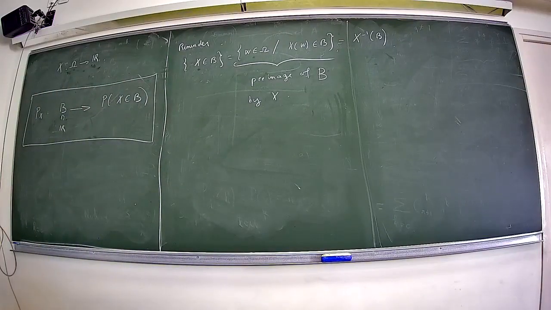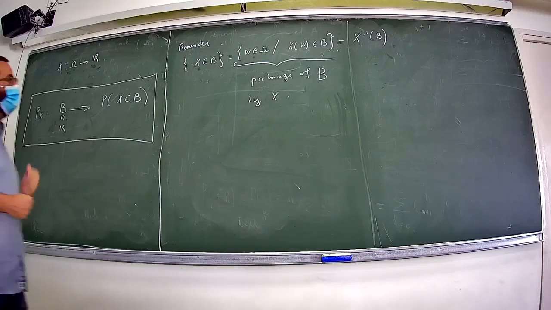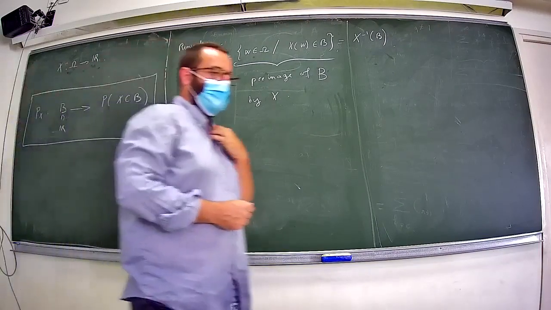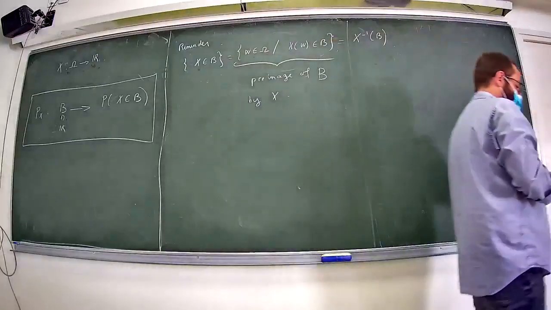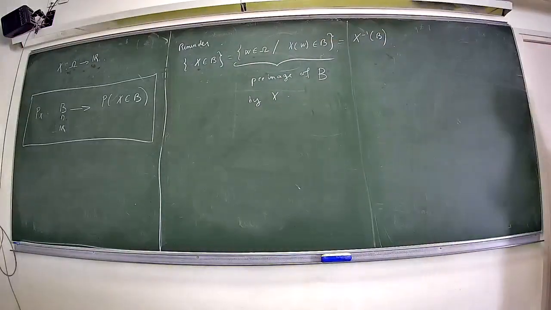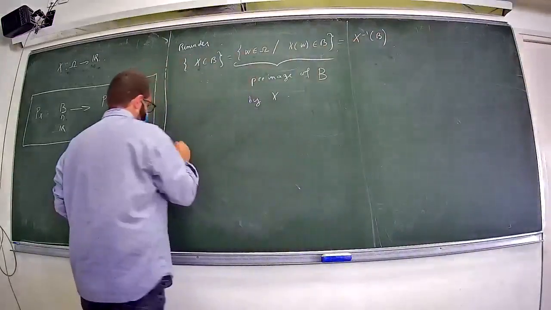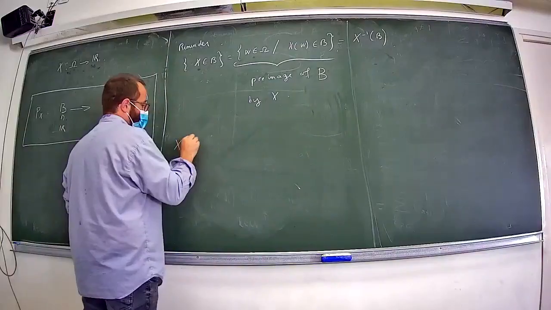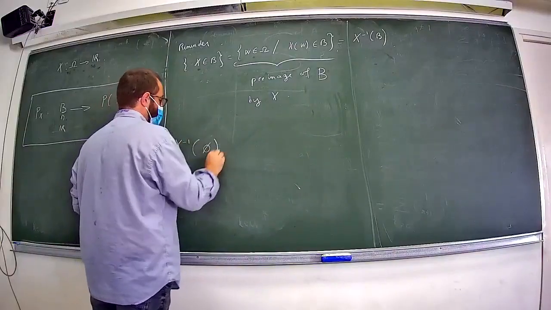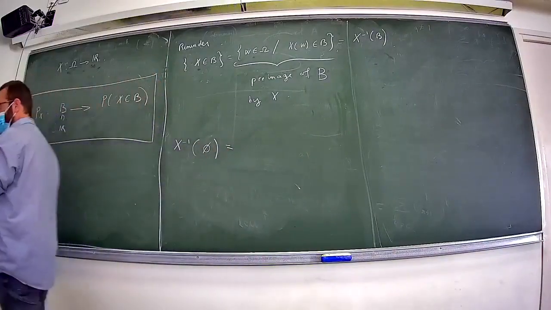What is interesting with the pre-image is that we have some very interesting and intuitive properties. What is the pre-image of the empty set?